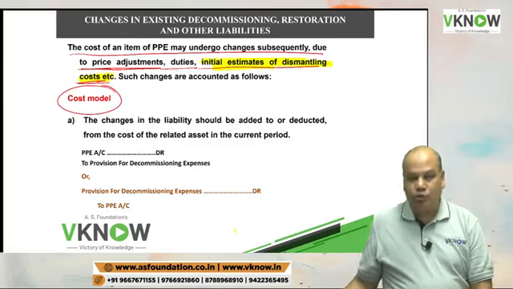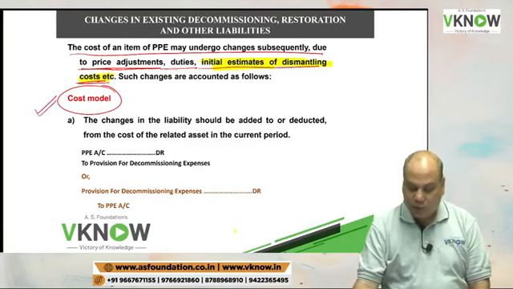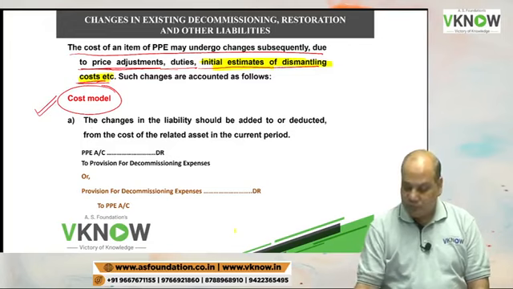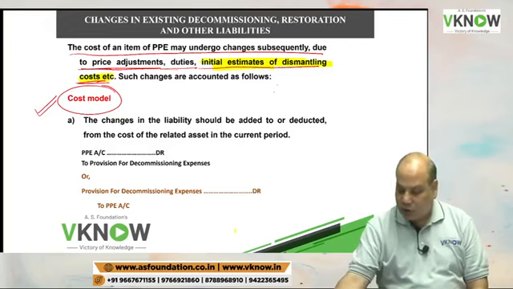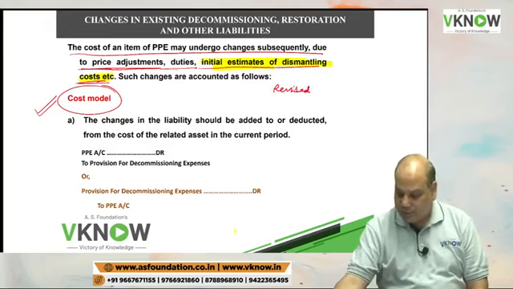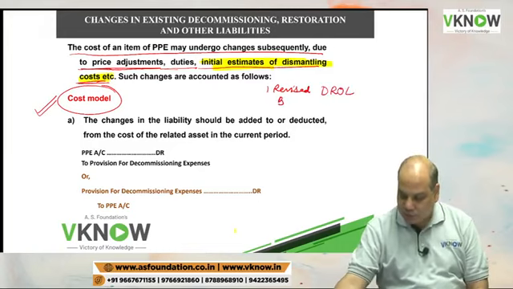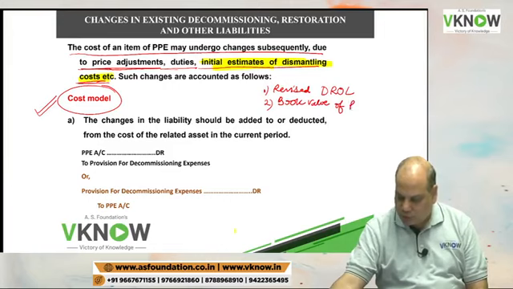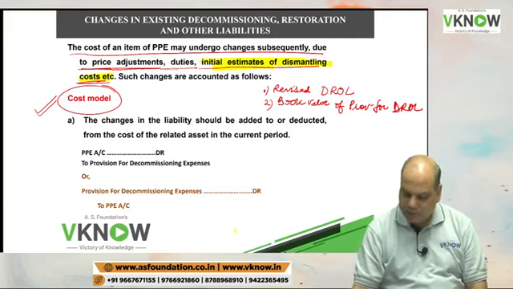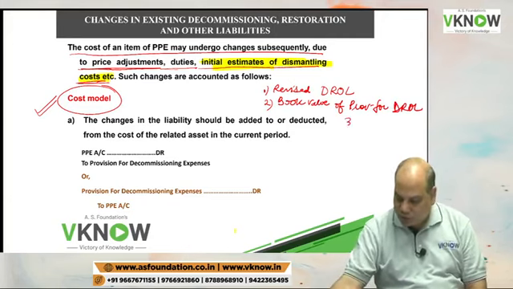So if suppose the company is following cost model, then calculate the revised decommissioning, restoration, other liability, compare with book value of provision for decommissioning, restoration, and other liability, and then compute the change.